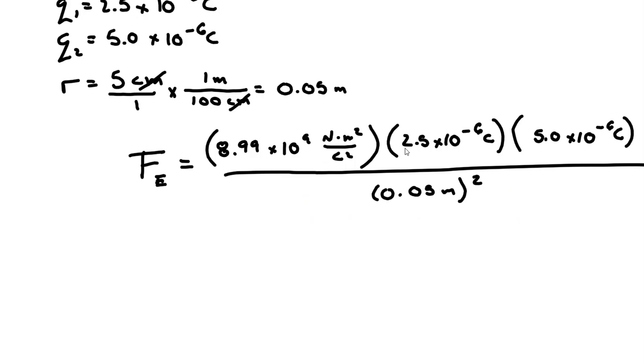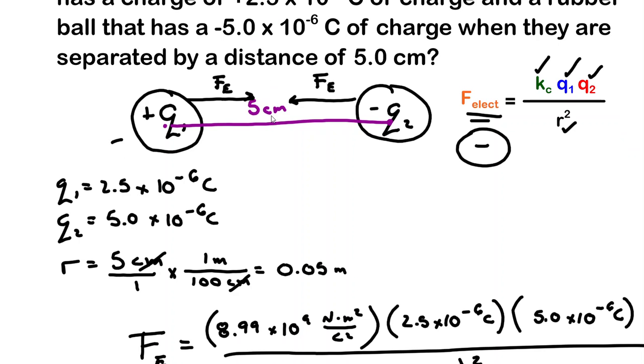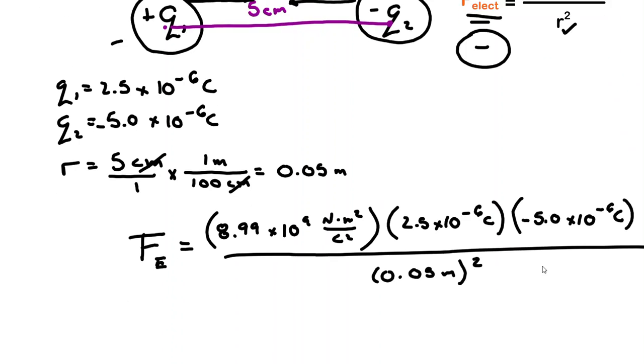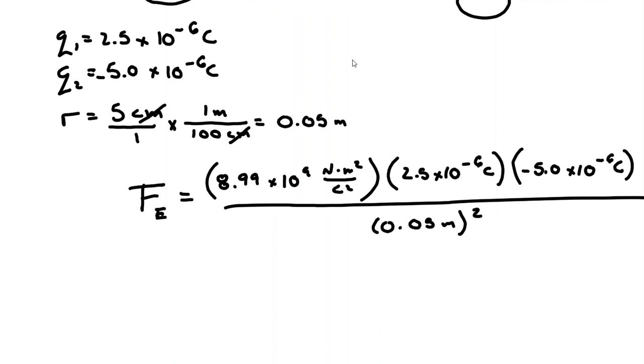Okay, so before I do any number crunching here, I actually made a mistake, didn't I? The magnitude of charge 2, it tells me is negative. I left it off here, which means I left it off down here as well. Good catch.